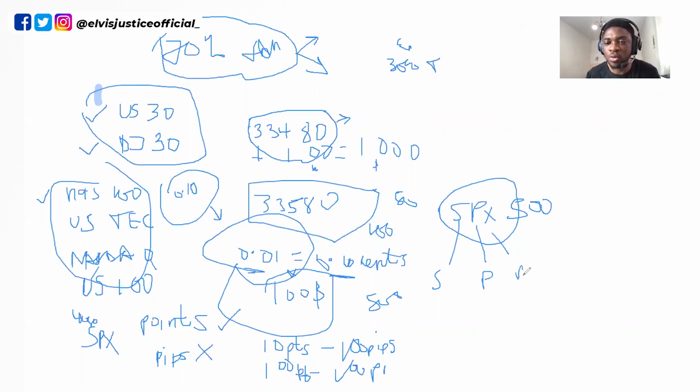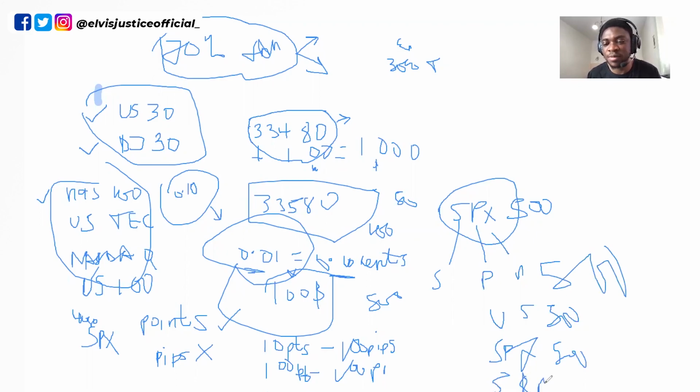That's another stock market that you can also get when you go to brokers. You see it as US500, you see it as SPX500. You also see it in other brokers as S&P. They write it S&P. It's the same thing.